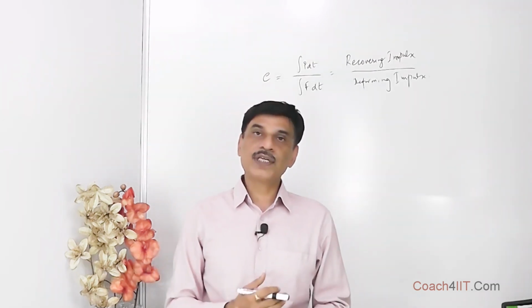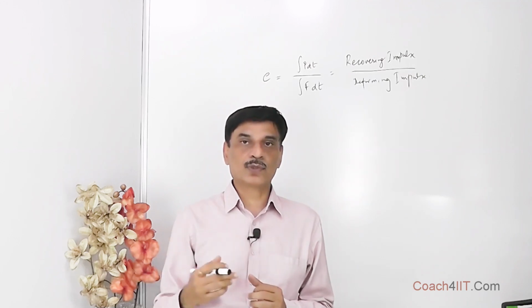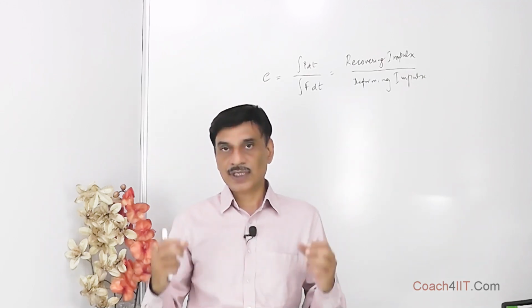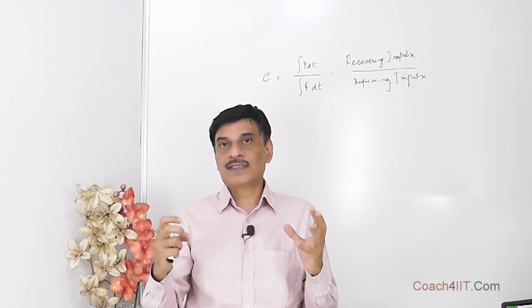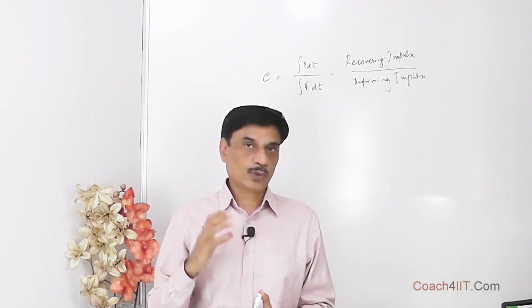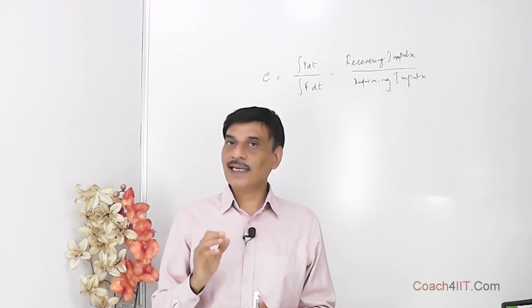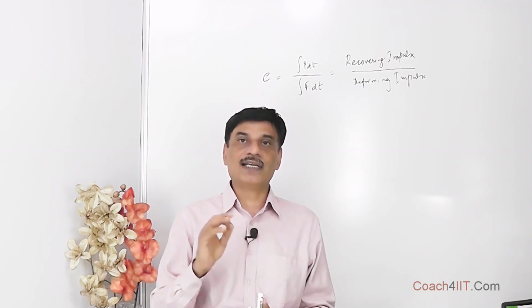So e is the ratio of the recovering impulse over the deforming impulse. Generally, the recovering impulses are weaker compared to the deforming impulses, so e is generally less than 1. e is equal to 1 only for the perfectly elastic collision.